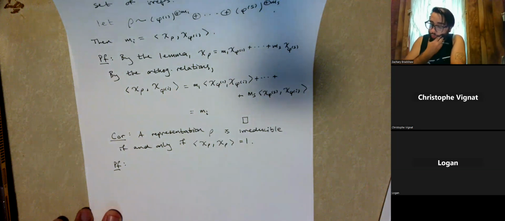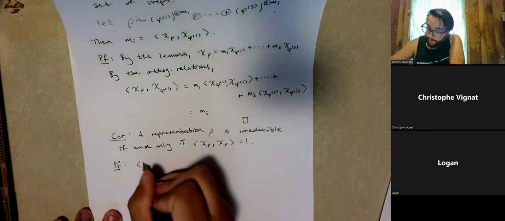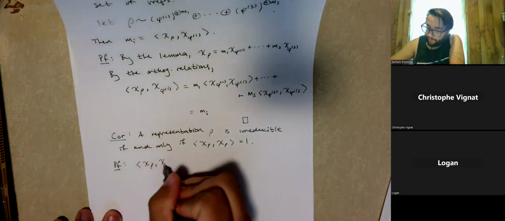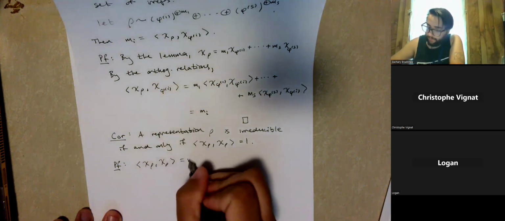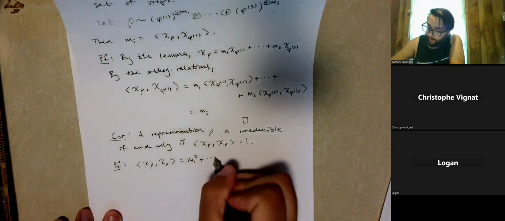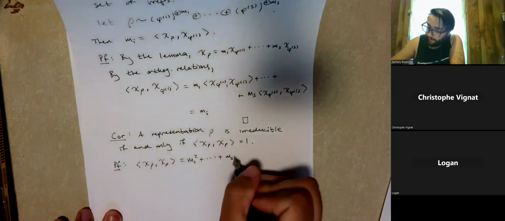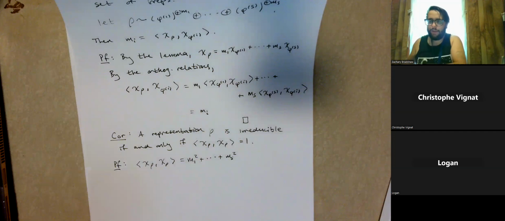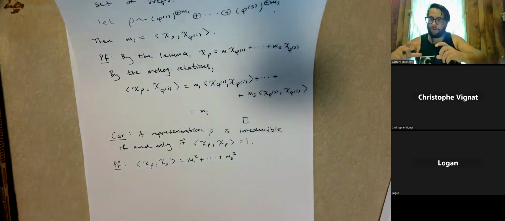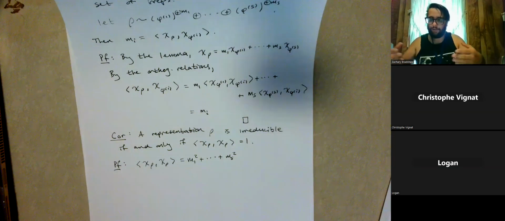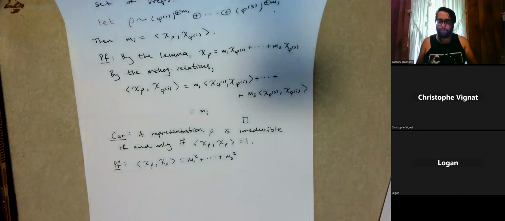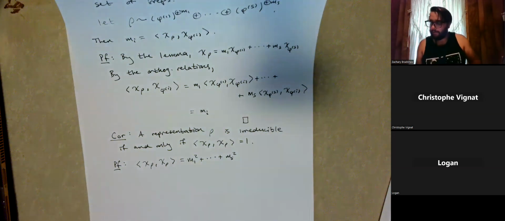Using the orthonormality of irreducible characters, we have that chi rho inner product with itself is just m_1 squared plus through m_s squared. All of the inner products become 0 except for when the constituents are the same index, and then their inner product becomes 1.